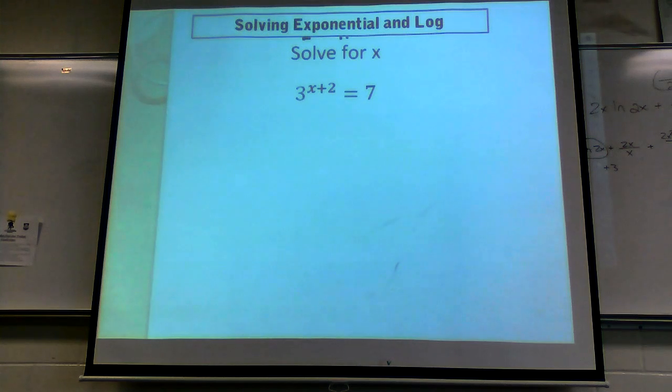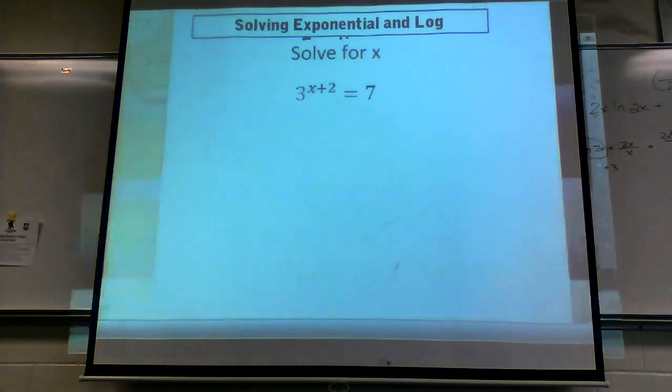Going through my little 3-step process, the first step, isolating the exponential, is already done. 3 to the x plus 2 is by itself, with nothing multiplied or added, so there's nothing to do for that step. Next, take the log of both sides.